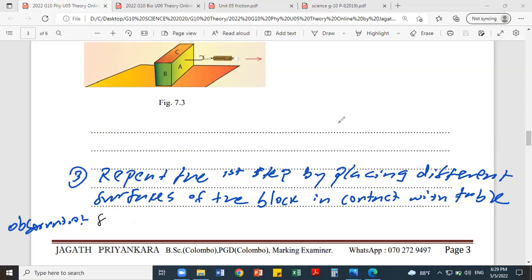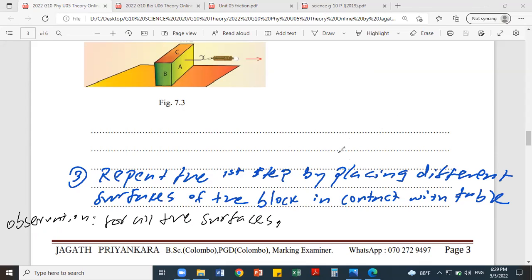What is the right observation at the bottom? The conclusion I have given at the top. What is the observation? For all three surfaces, reading of the balance will be same.